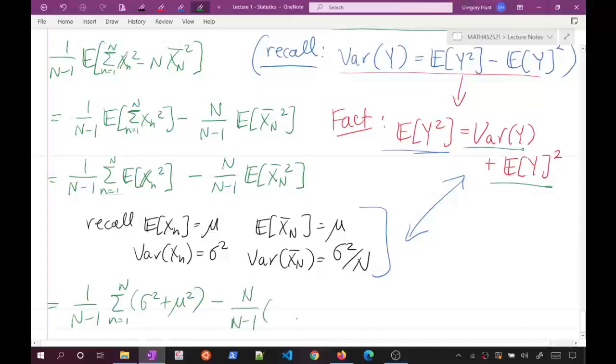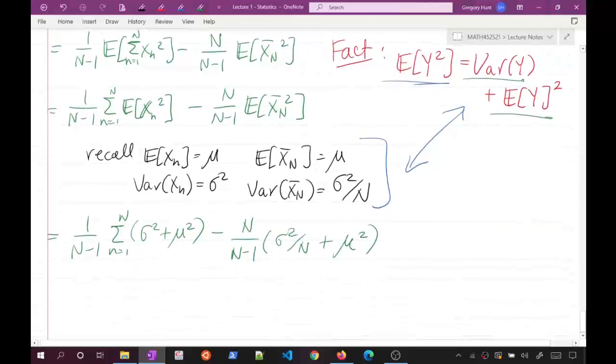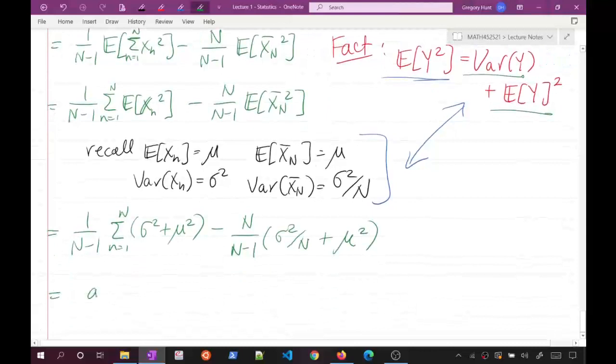I also get the variance, in this case the variance of xn bar is sigma squared over n, and the expectation of xn bar, which I need to square, should be mu squared.